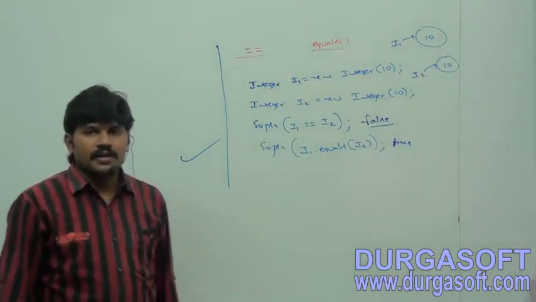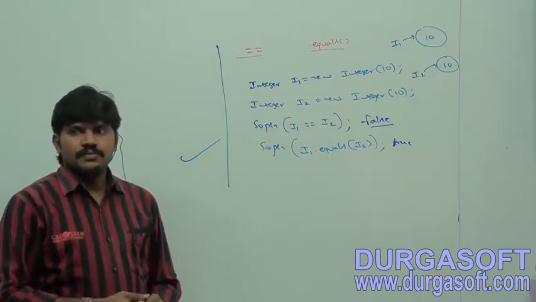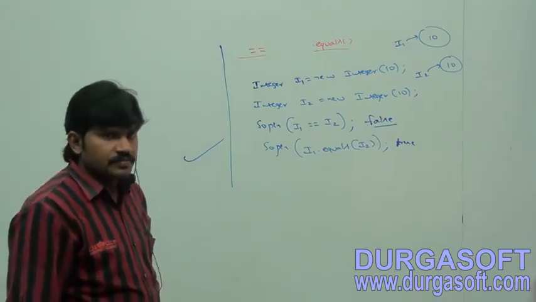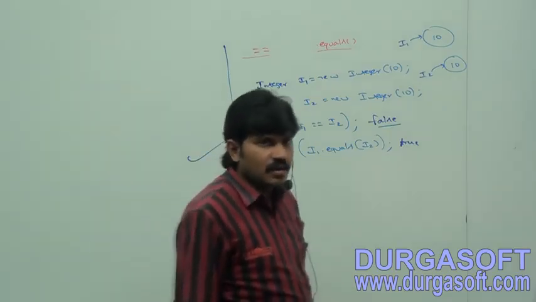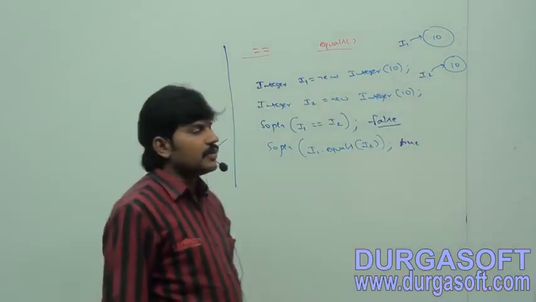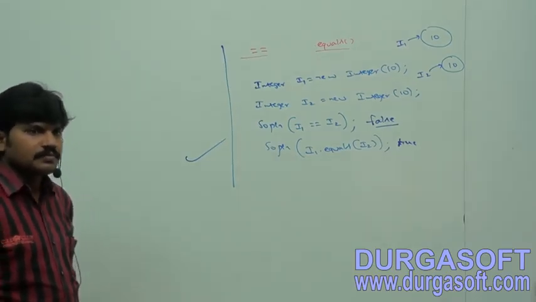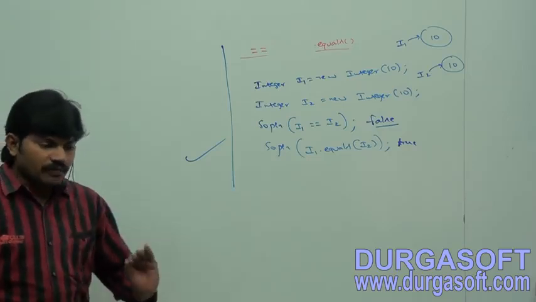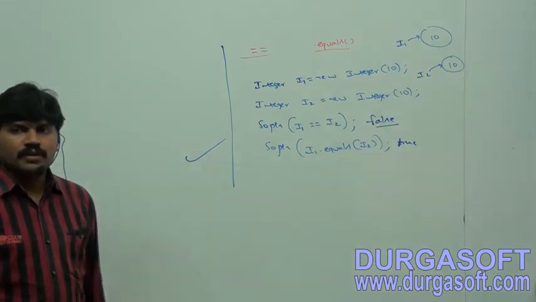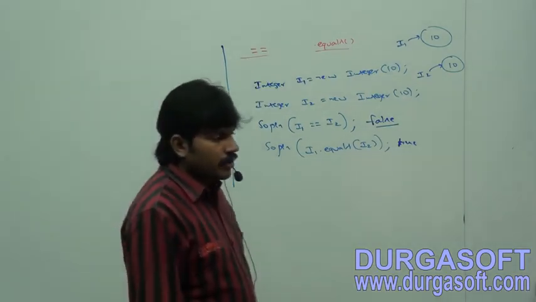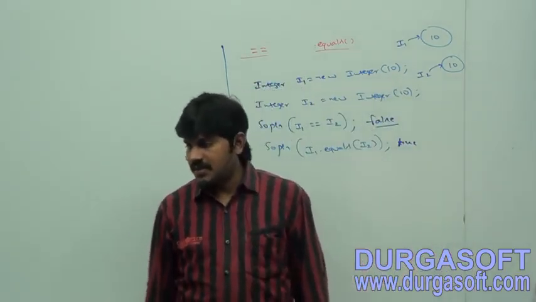At this point, in general, the double equal operator is meant for reference comparison, within brackets address comparison.